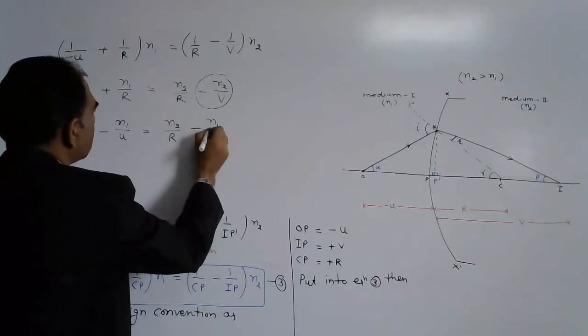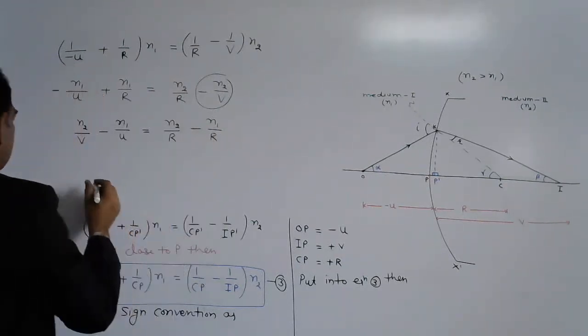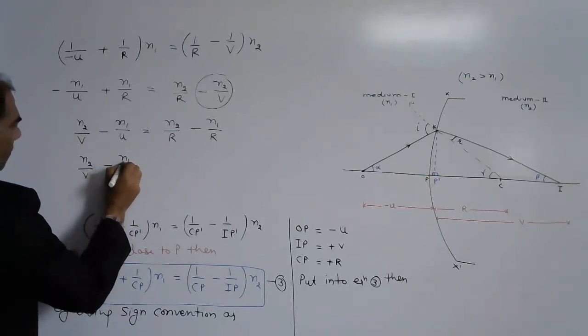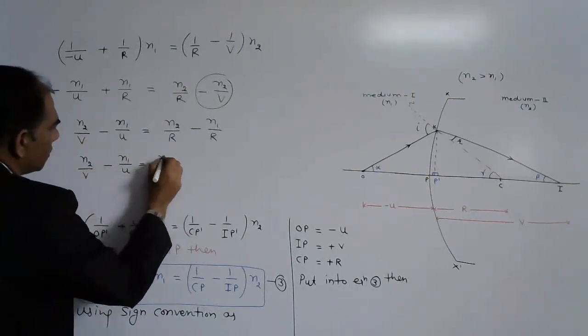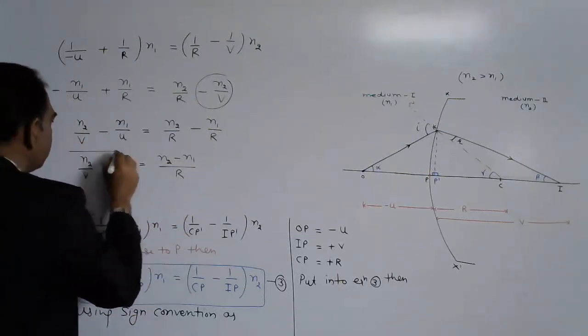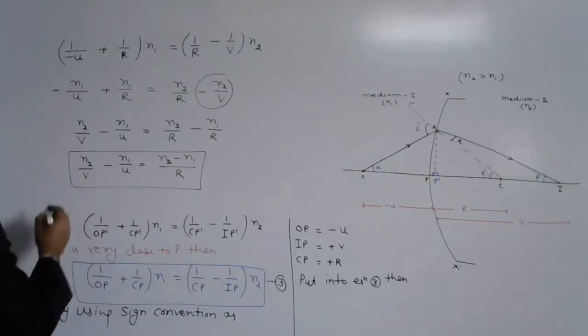Finally, we get n2 upon v minus n1 upon u is equal to n2 minus n1 upon R. After simplification, we get this relation.